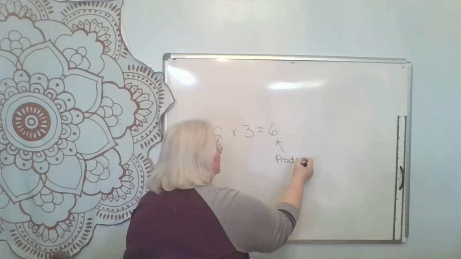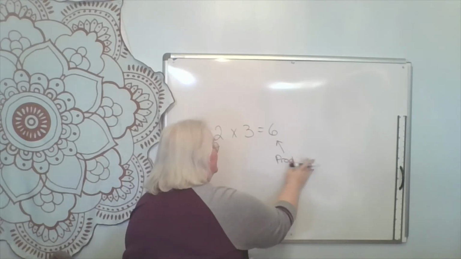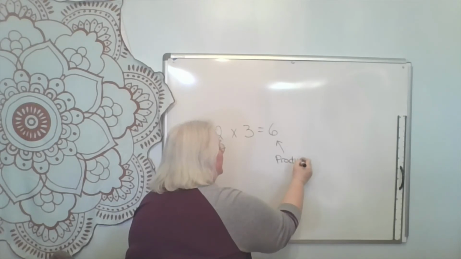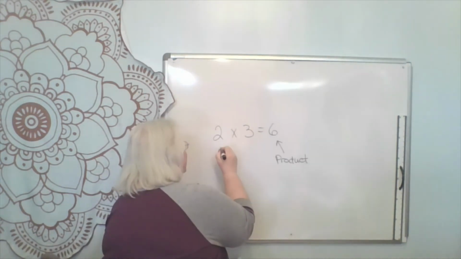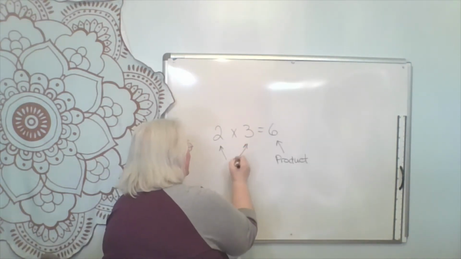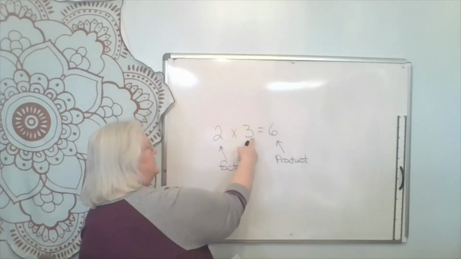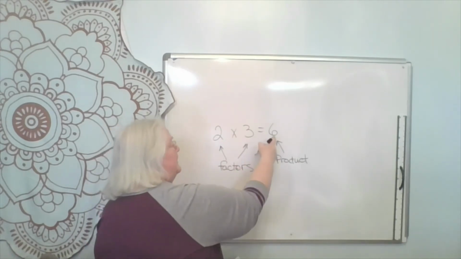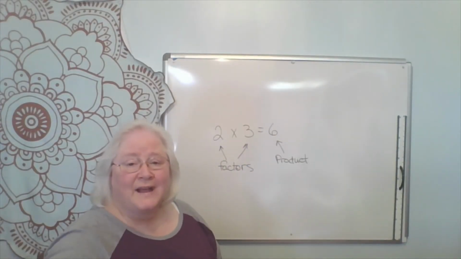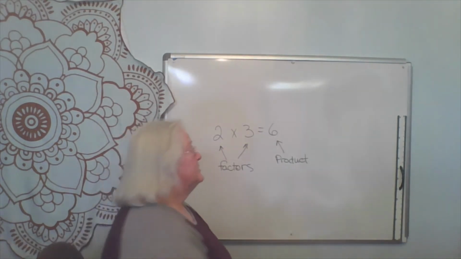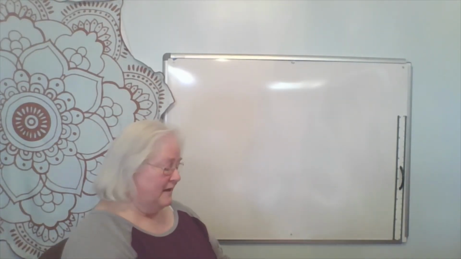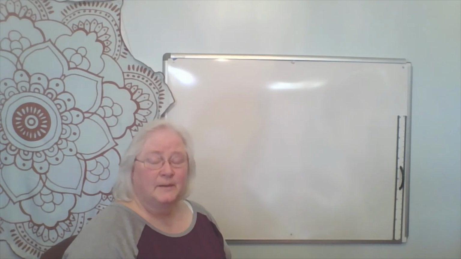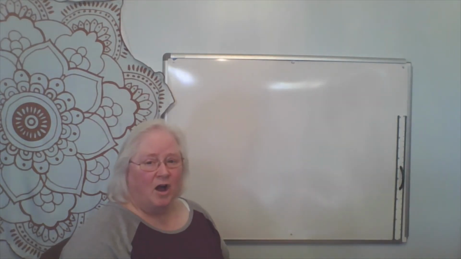The two numbers that are being multiplied are the factors, and the answer is the product. The two numbers that are multiplied together to make the product are the factors. So when we're finding the greatest common factor, we have to list all the factors.